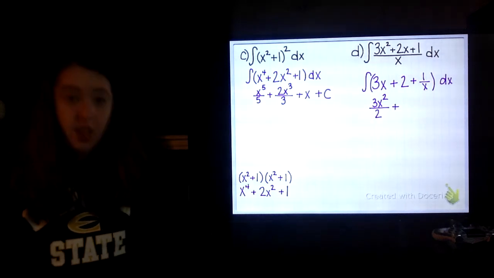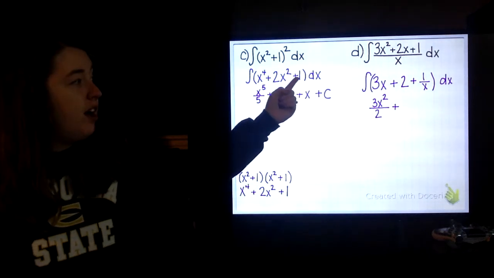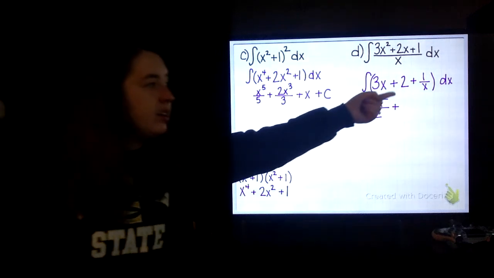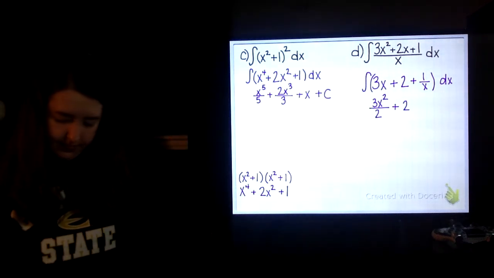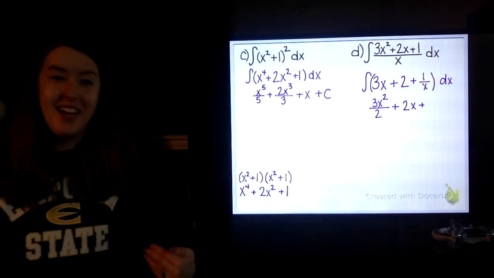Plus, just a second ago we talked about how the integral of 1 is x. So the integral of 2 is 2x plus. So now I have a 1 over x.